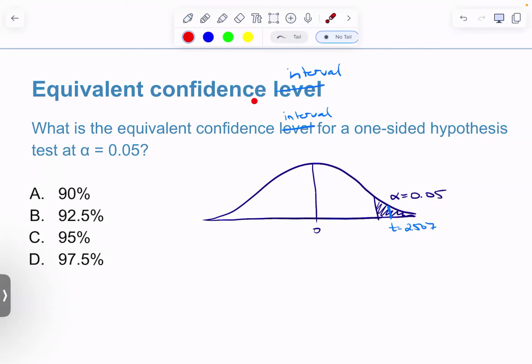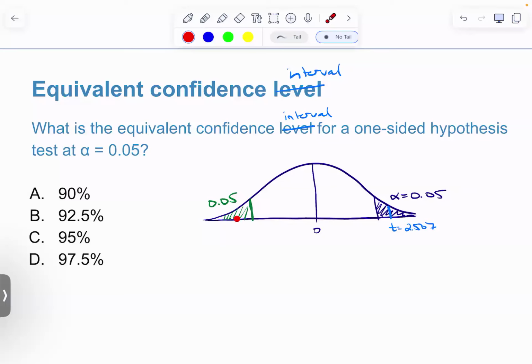If you're doing a confidence interval, though, the confidence interval has to be symmetric about the center, right? Which means that we would need to also force 0.05 down here in this tail for the symmetry.